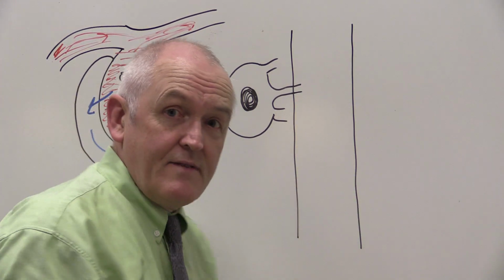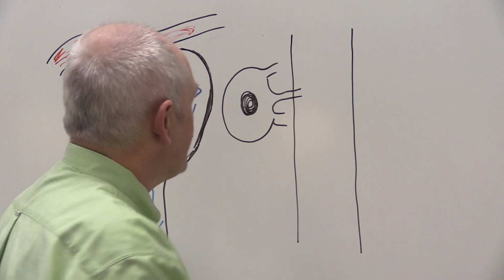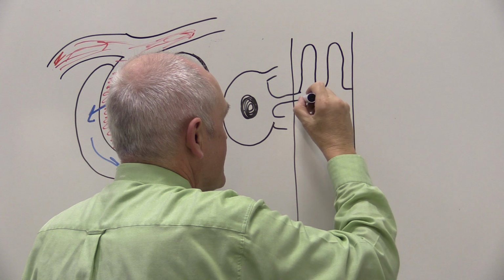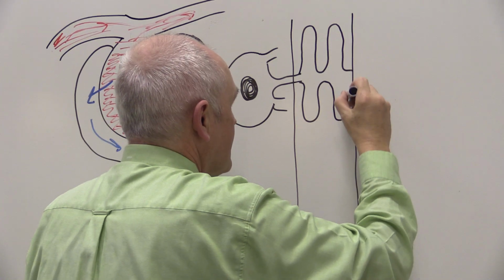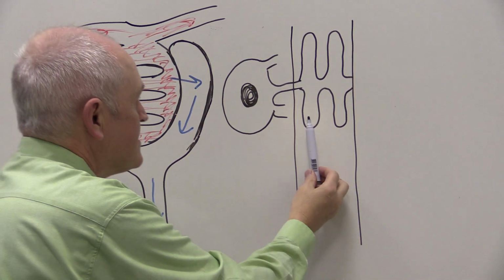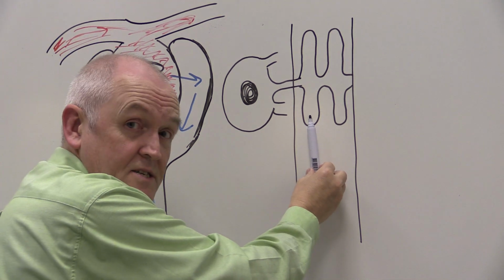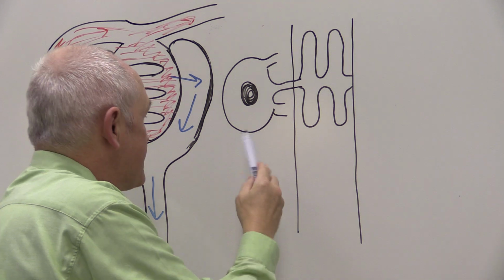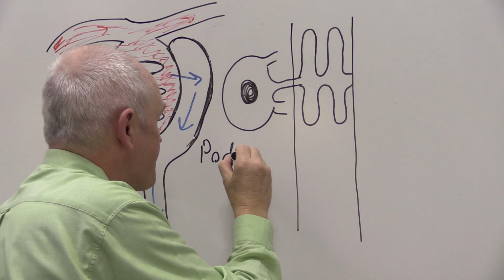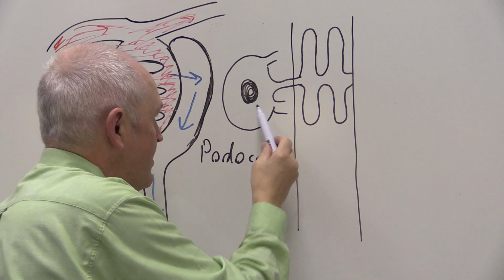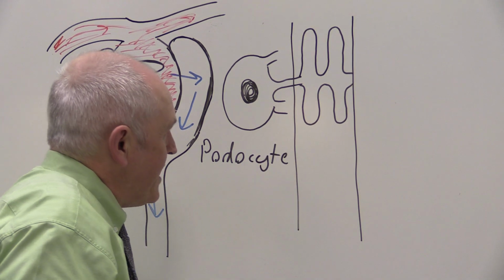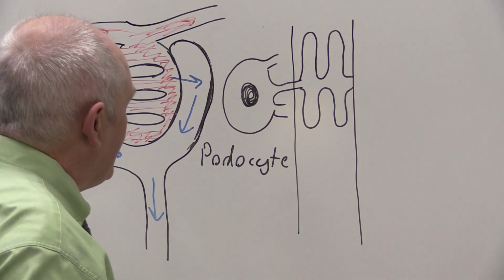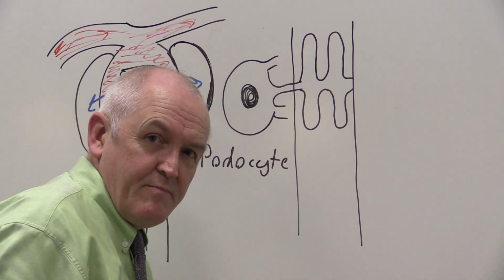And as it does so, it gives off side pedicles, smaller branches. So it's like this. So here we see the pedicles, the foot-like processes coming from the master cell, as it were, the podocyte. This is the podocyte. And it's the podocytes that form this visceral layer immediately around about the glomerular capillaries.